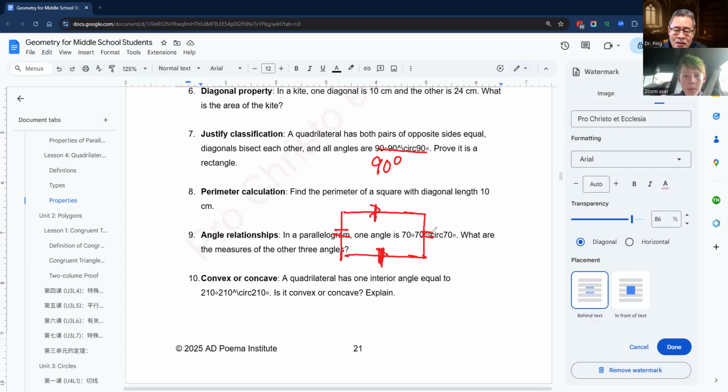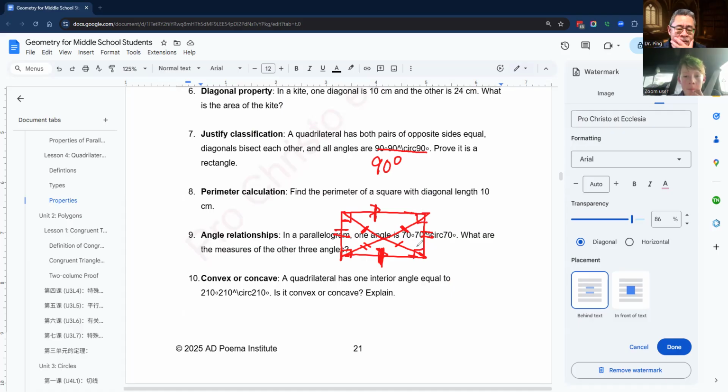And the diagonals bisect each other. So here and here, they bisect each other. This side equals that side, this side equals that side. Good. And all angles are 90. So this is 90, this is 90, this is 90, this is 90.